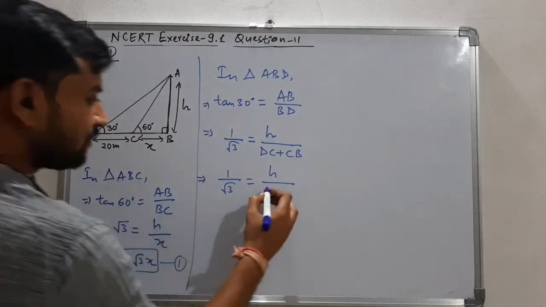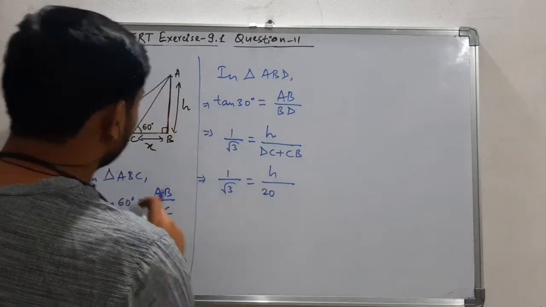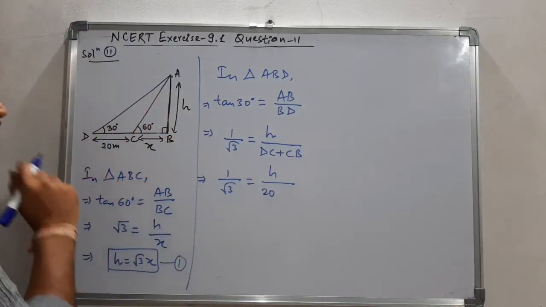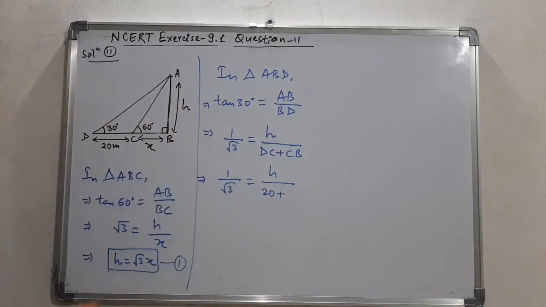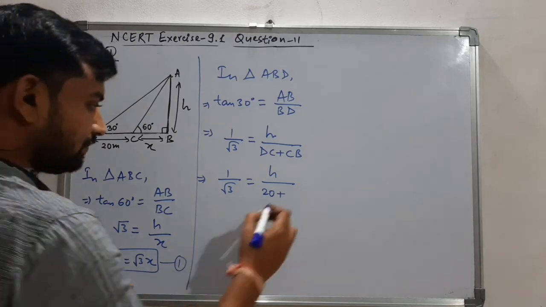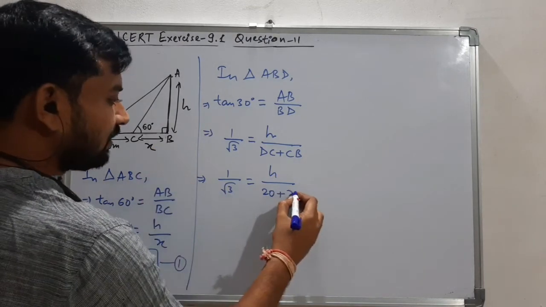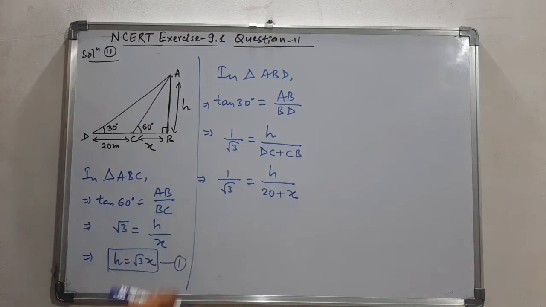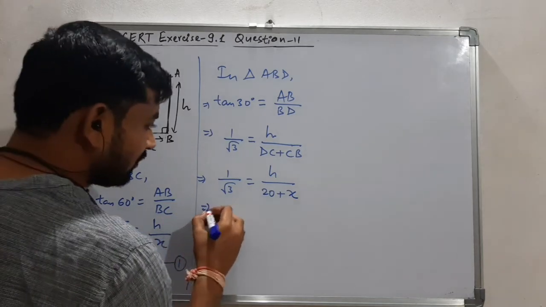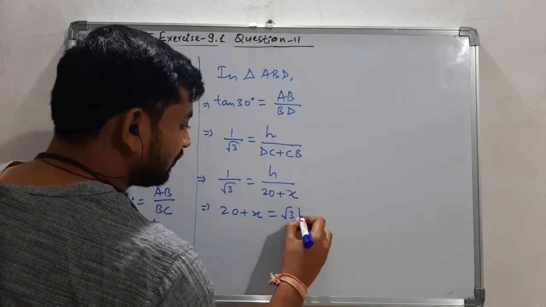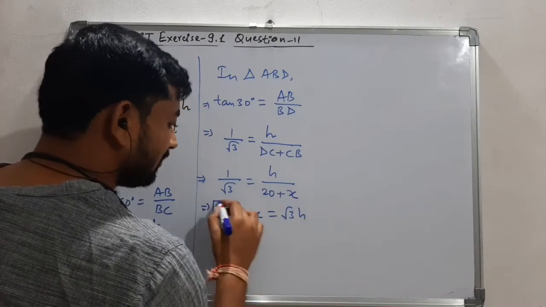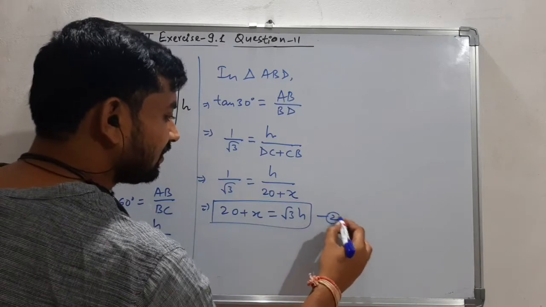DC is given as 20 meters, which is this point D being 20 meters away from the point C, and CB we have calculated as x. Now if we cross multiply this, we are getting 20 plus x is equal to root 3h. This is the second equation which we are getting here.